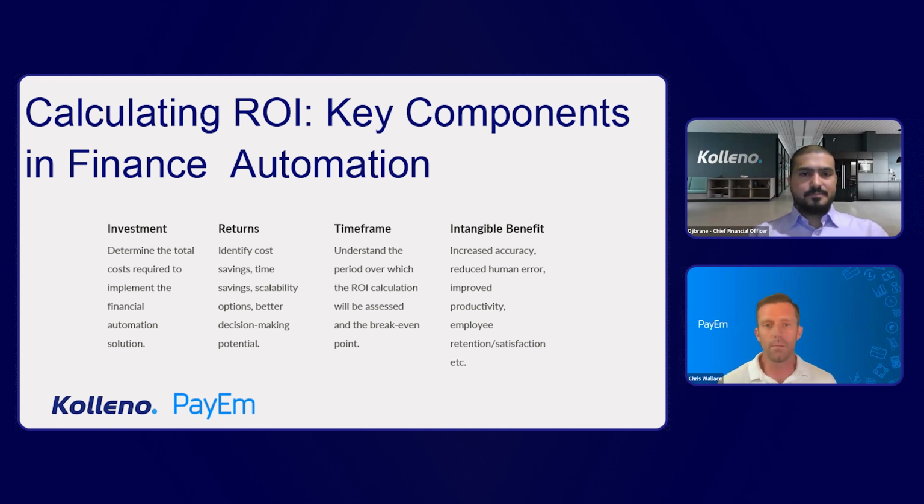And even when we're moving on to the returns, the benefits of the software, this is obviously where, like Djibrane was talking about, we can get into a lot of the tangible and the ever cumbersome intangible benefits that we receive from a lot of these types of efficiencies. Obviously driving scalability.